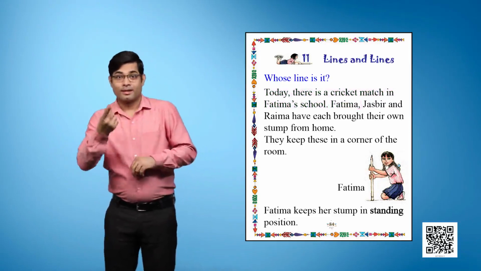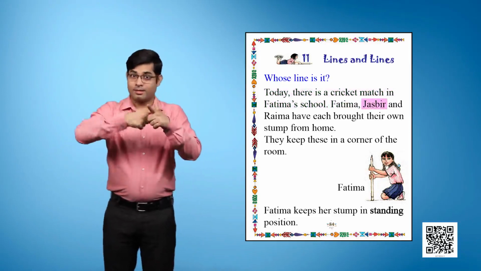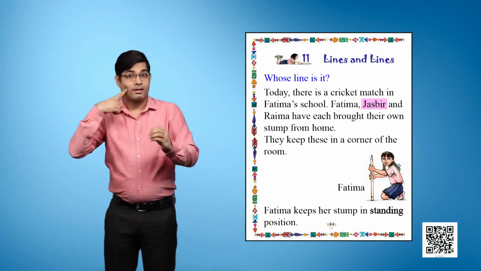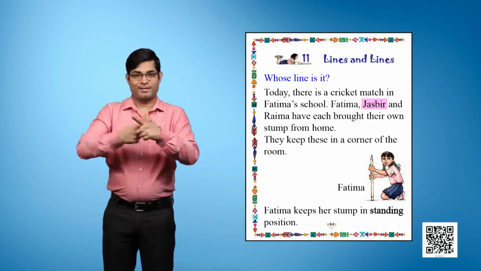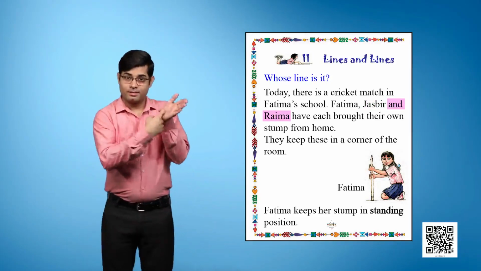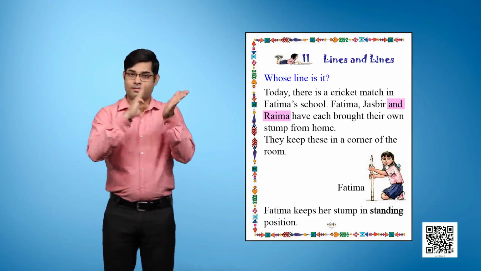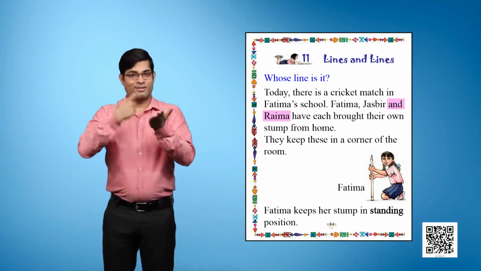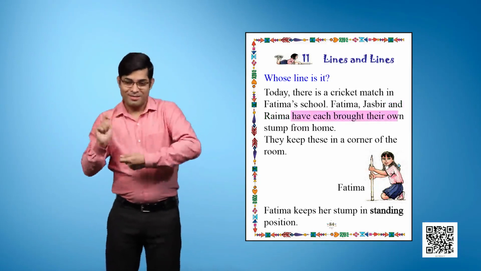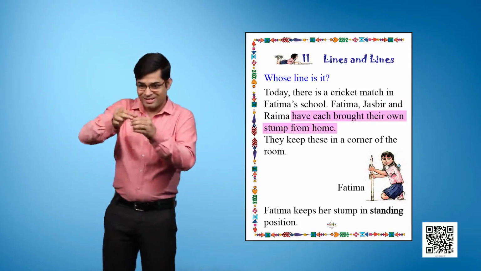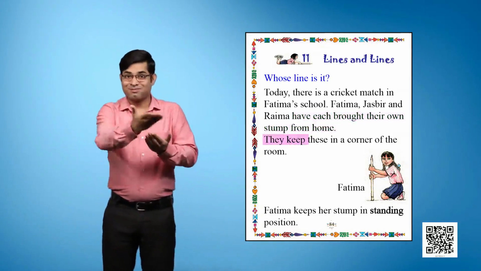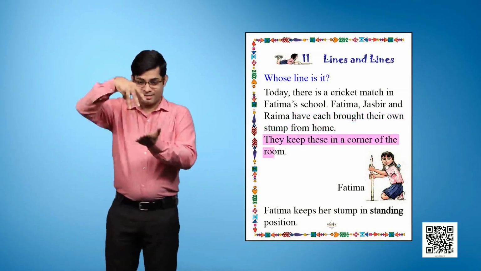Fatima, Jasbir, and Raima have each brought their own stump from home. They keep these in a corner of the room.